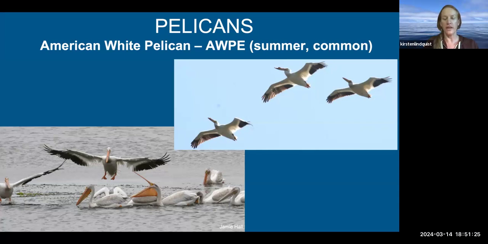Their foraging strategy is to, as a group, swim along the surface, herding fish and then scooping them up. So very different foraging strategies. The brown pelican has to be smaller to be able to handle the diving activities that it does compared to these white pelicans.